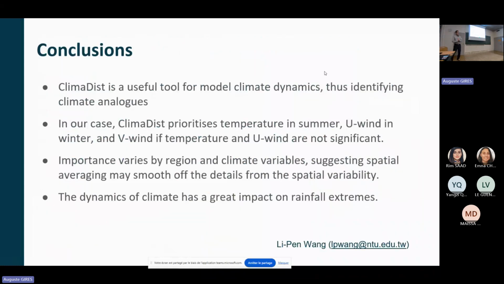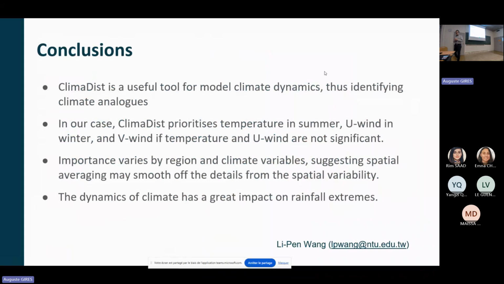So finally, some conclusions about this part: it's a very useful tool, and we also use explainable AI to show that the importance of different climate variables actually changes. It has spatial temporal variability, which traditional methods cannot account for.